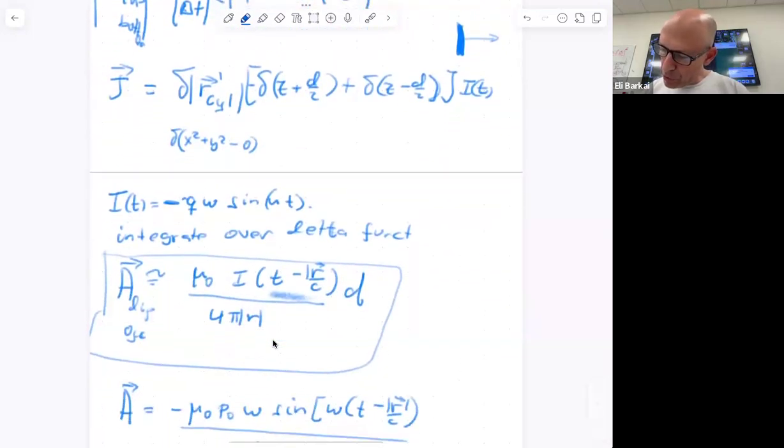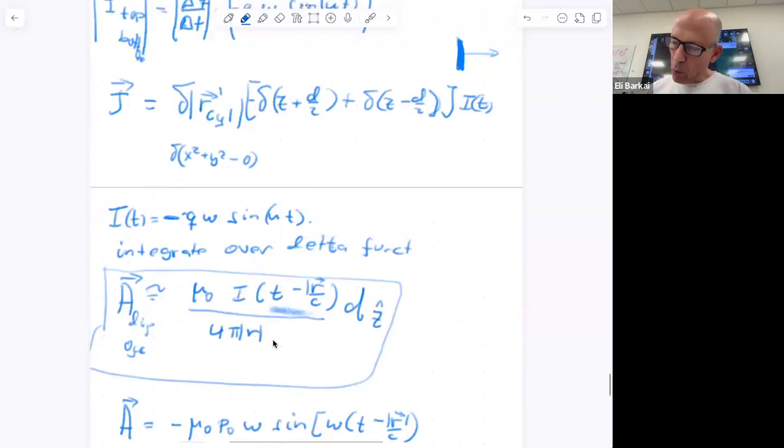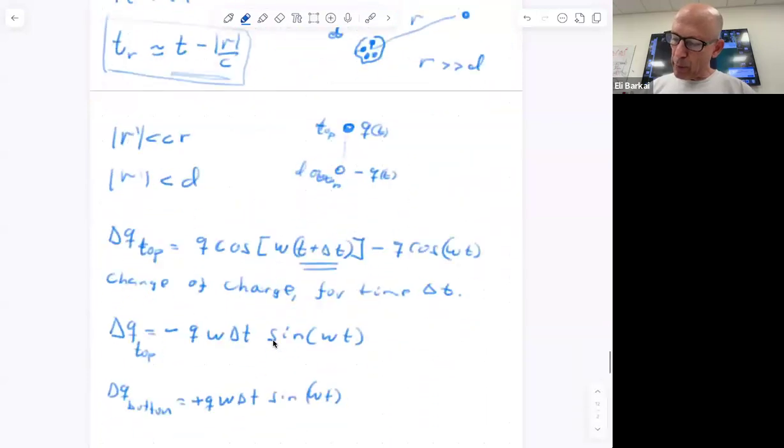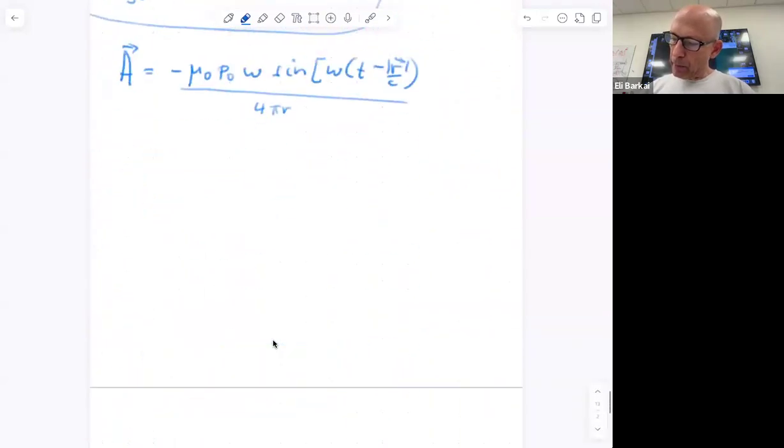Of course, the direction here is z. Why the direction is z? Because the direction of J is the same direction of the current, and that is the direction of the dipole. This is, of course, very important. All this multiplied by z.